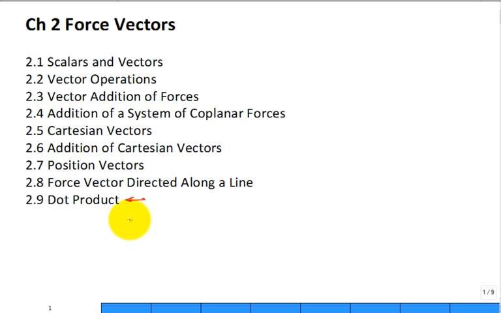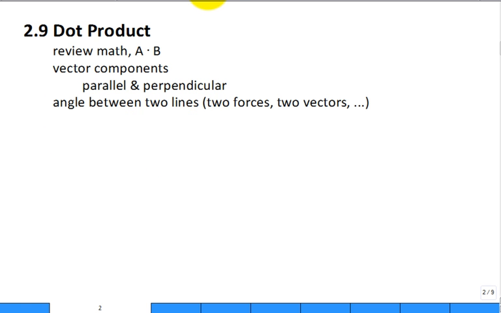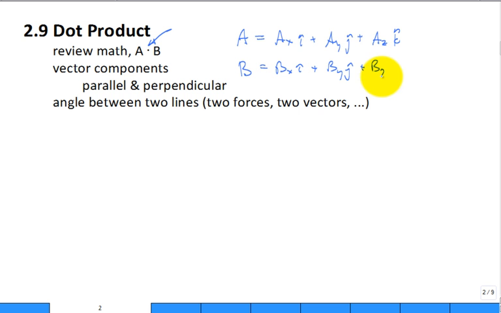Okay. So as a review, you have 2 vectors. Maybe you express the vector A as AXI plus AYJ plus AZK. And then you have the other vector B, and then you can perform an operation. Typically the symbol is a dot in between the 2 vectors. So B would be BXI plus BYJ plus BZK.